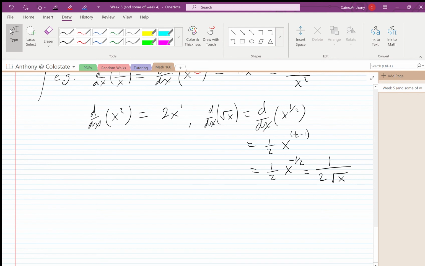Okay, another thing that we need to know is that derivatives are linear, but that's a fancy way of saying that derivatives distribute over sums. So what do I mean?